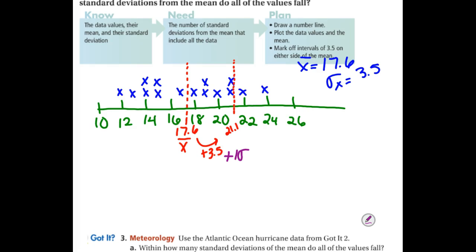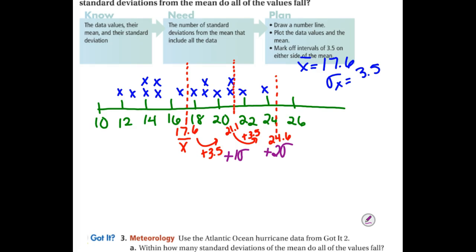We are going to continue doing that. We're going to keep adding the standard deviation until we run out of x's, right? We have to get beyond all of our x's. So I'm going to add another 3.5 to my 21.1. So I'm at 24.6. Have I gotten past my x's? Yes. This one is 2 standard deviations above the mean. So I can stop on that end because I've already gotten to the right of all my x's.